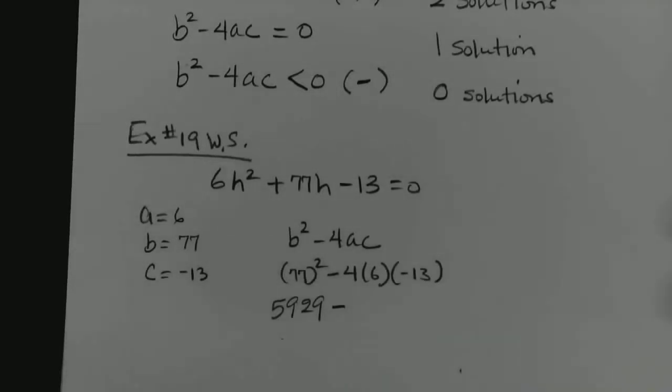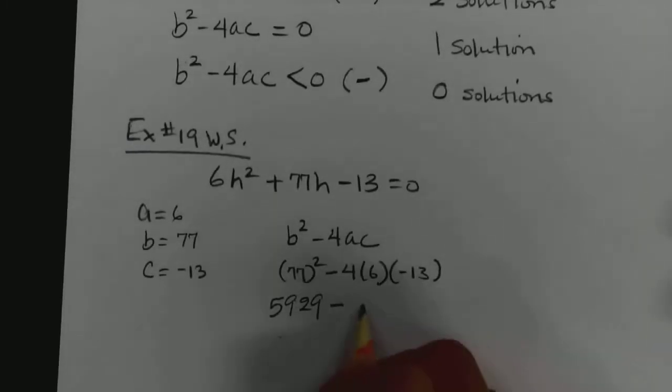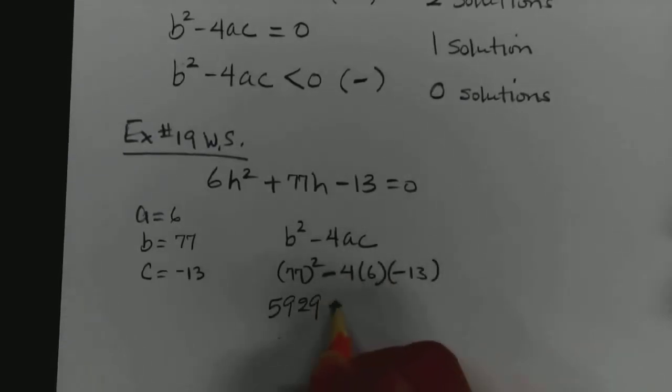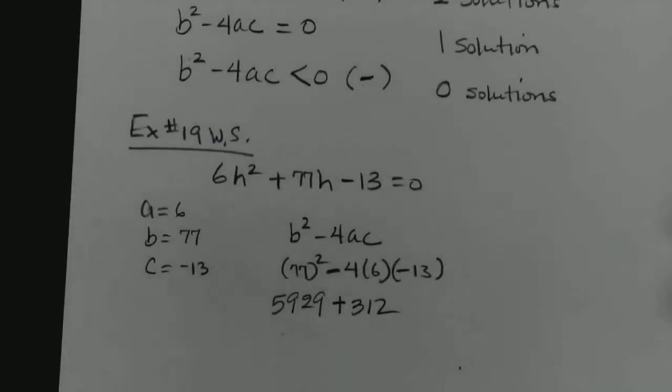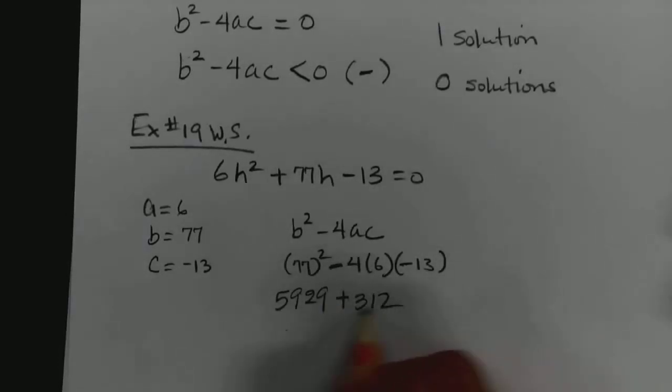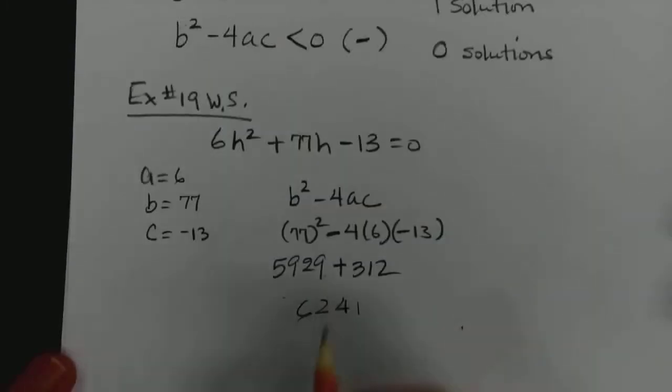Yep. Minus 24 times 13. 24 times 13 is, what is that? It is 312. But negative and negative makes it a positive 312, right? So if I add them together, I get 11, carry the 1, that's 4, 12, 6,241.